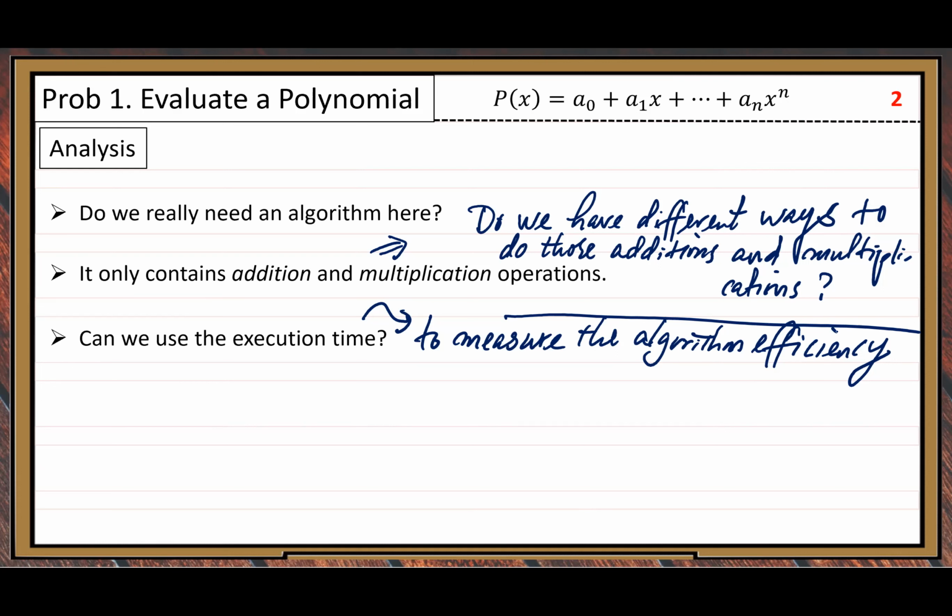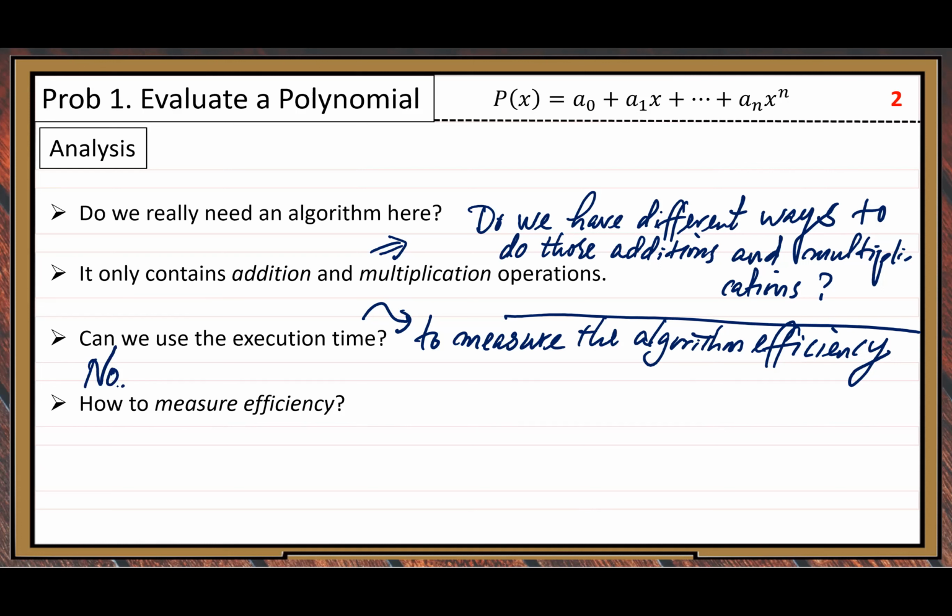Can we use the execution time to measure the algorithm efficiency? Because we can call it objective. This is some objective measure. Yes, yeah. So here, actually, the answer is no.